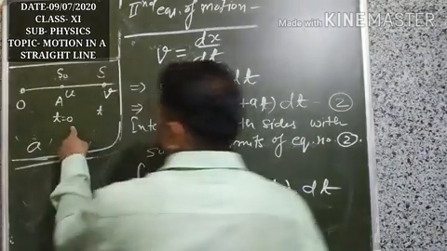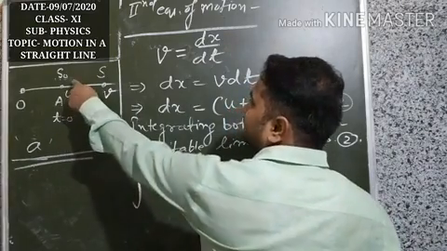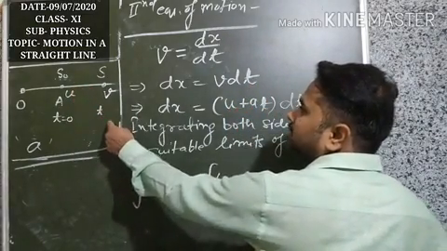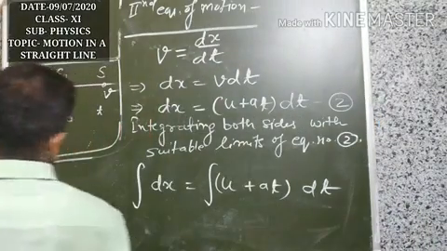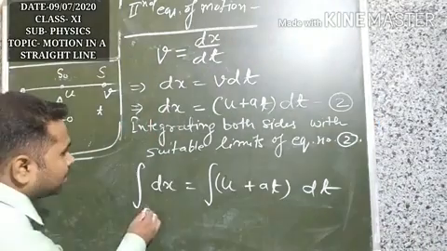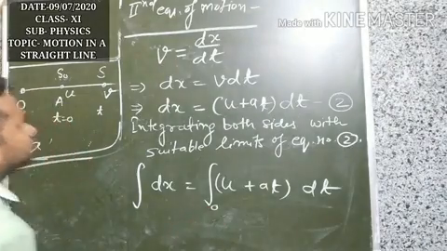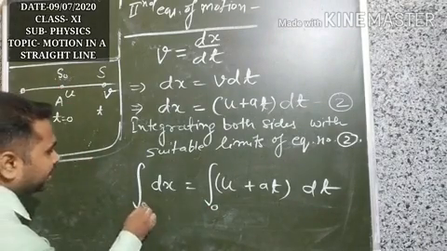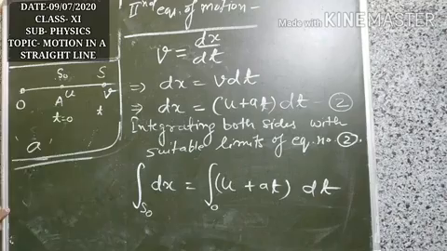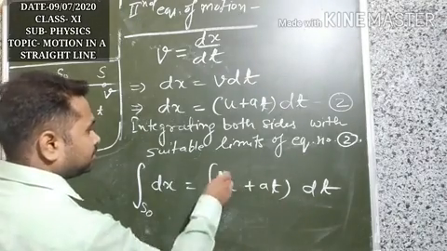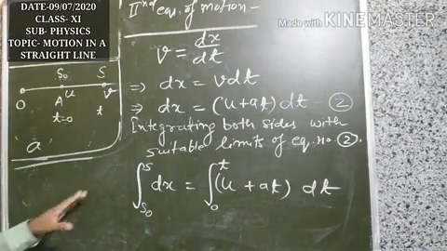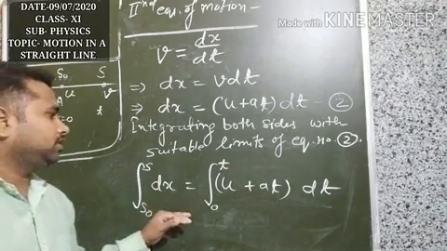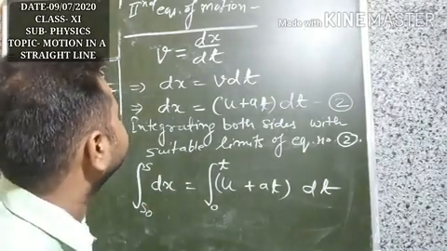When time is 0, initial displacement is s0. When time is t, displacement becomes s. So these are the limits. When time is 0, displacement is s0. When time is t, displacement becomes s. तो ये हो गया ready for the integration of this equation.